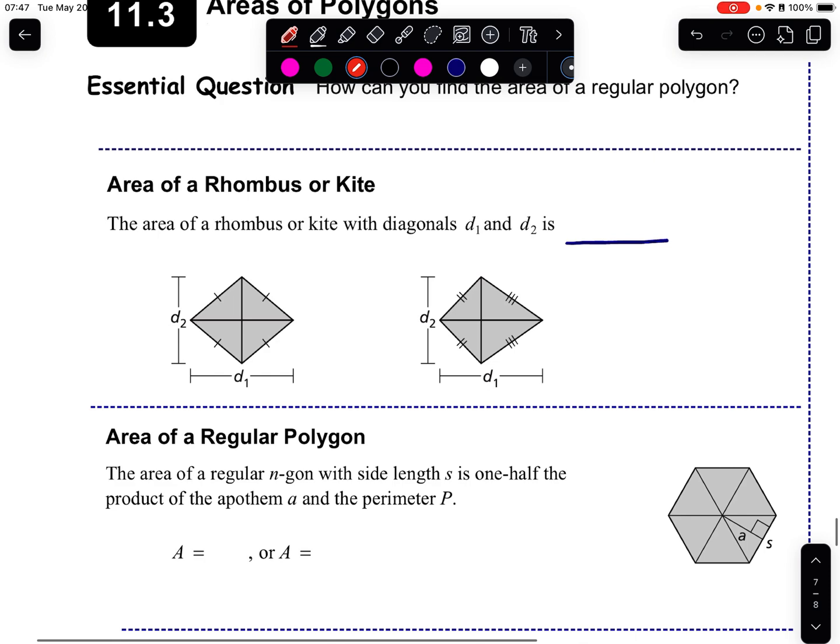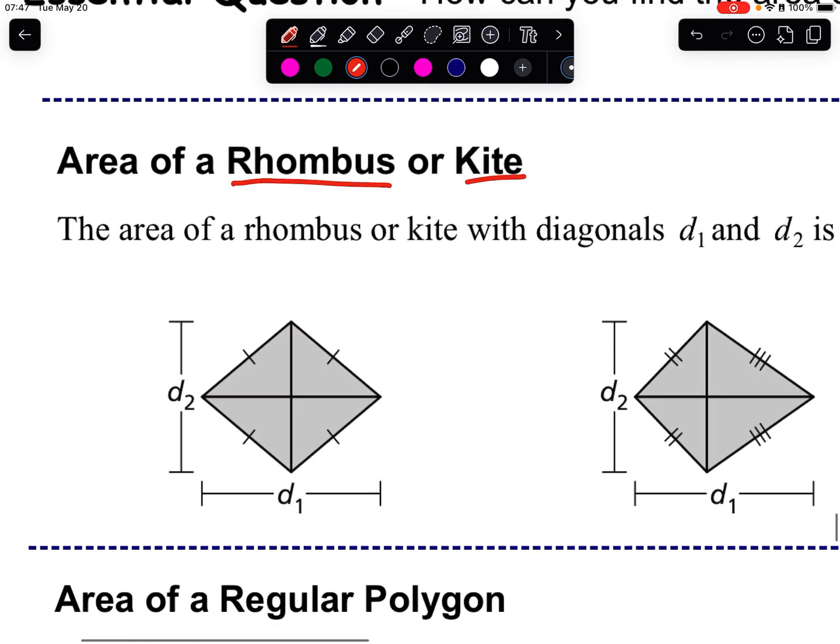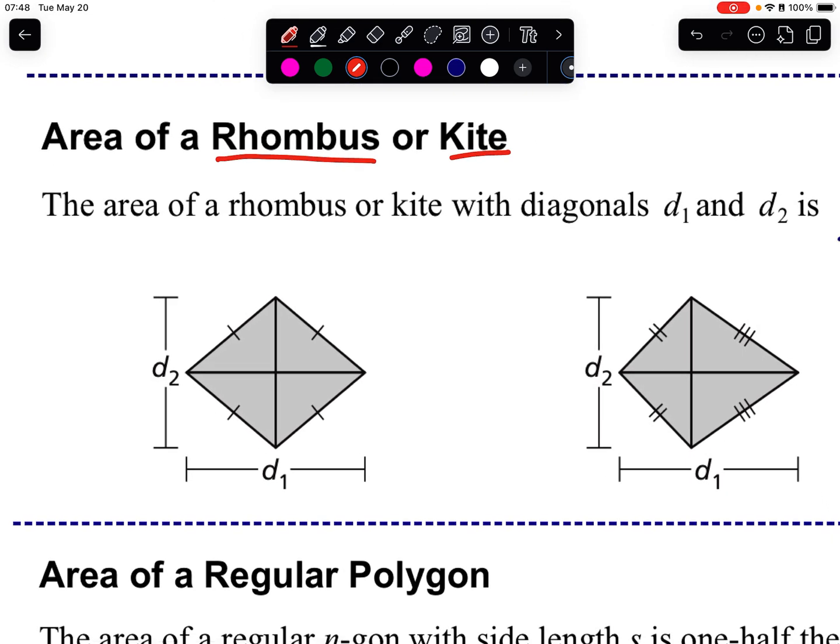These are the pieces that we need to calculate areas. We're going to start with four-sided figures, specifically, not rectangles, but rather rhombuses and kites. How do I find the area of a rhombus? The area of the rhombus is kind of circumscribed by this rectangle.